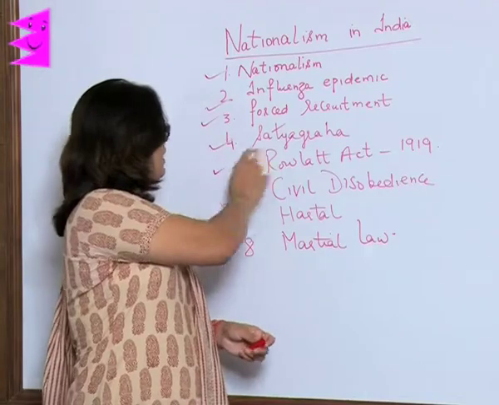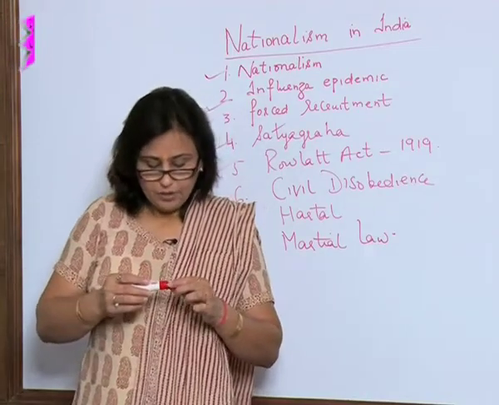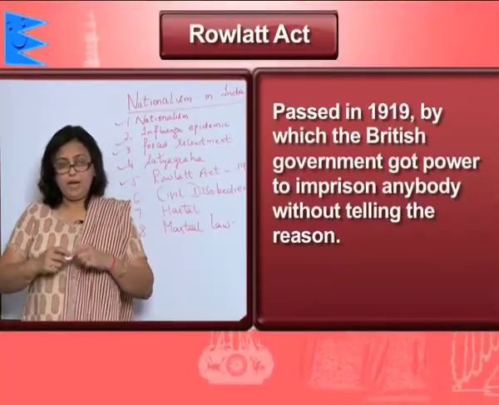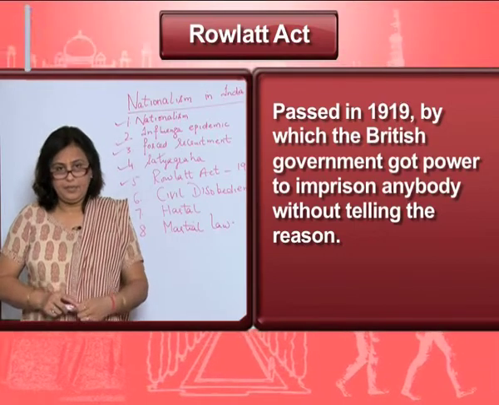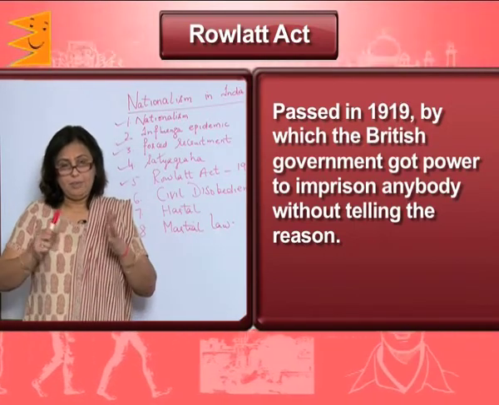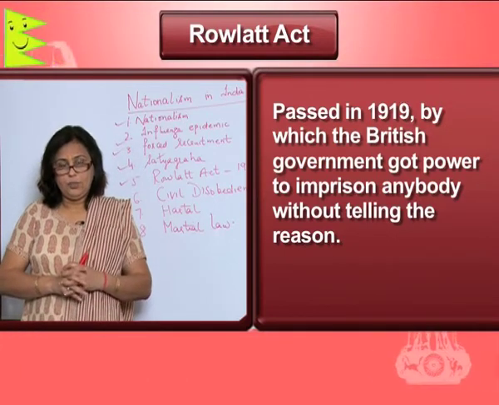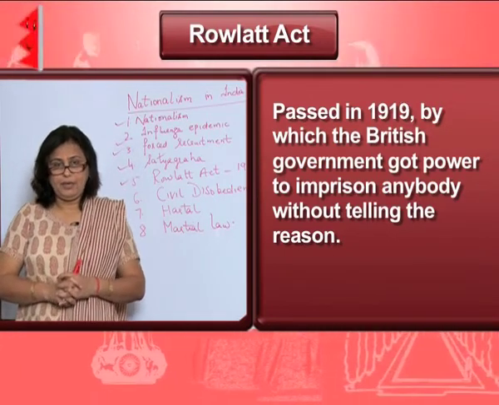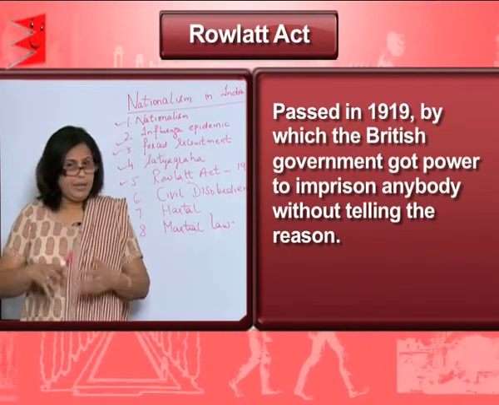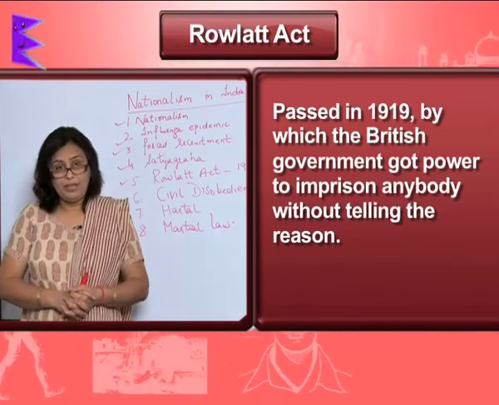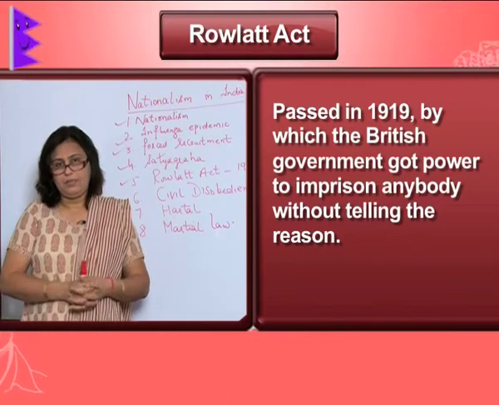Next is Rowlatt Act. This Rowlatt Act was passed in the year 1919, by which the British government got unlimited power to actually imprison anybody for any number of years without telling him the reason of his imprisonment.